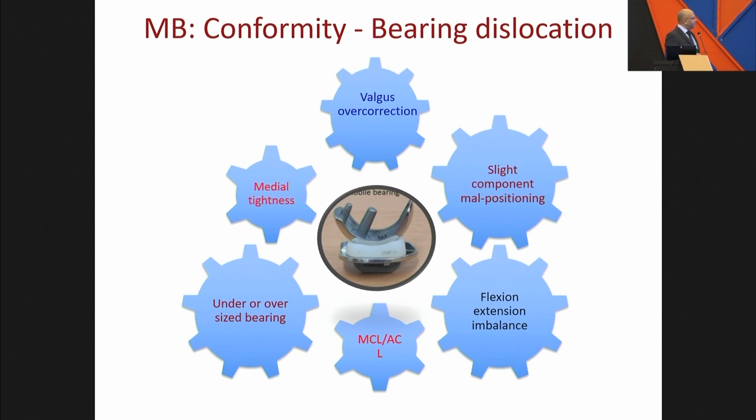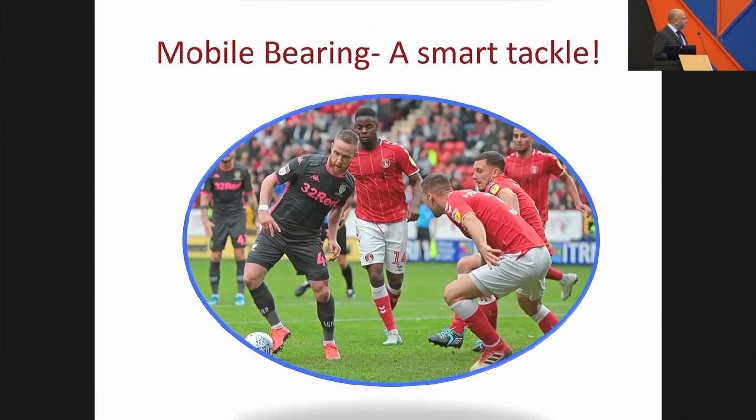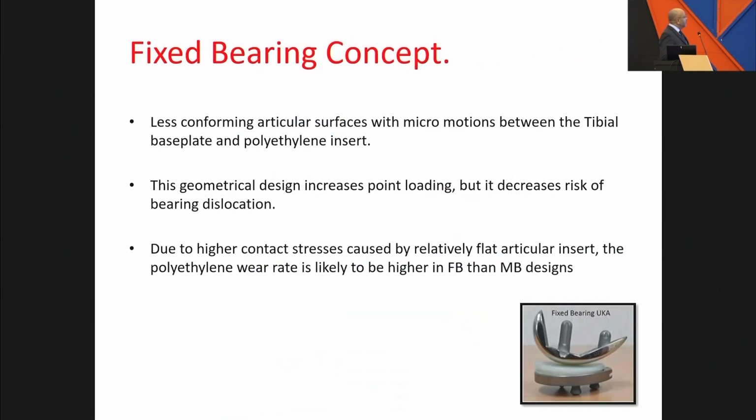Valgus overcorrection, slight component malposition, flexion extension imbalance, overstressing your MCL or ACL, and under or oversized bearing, all this going through your head. So you are kind of asking for a smart tackle. You have got too many people to tackle when you're making your move to the final component position and all of it. As compared to that, you have got fixed bearing.